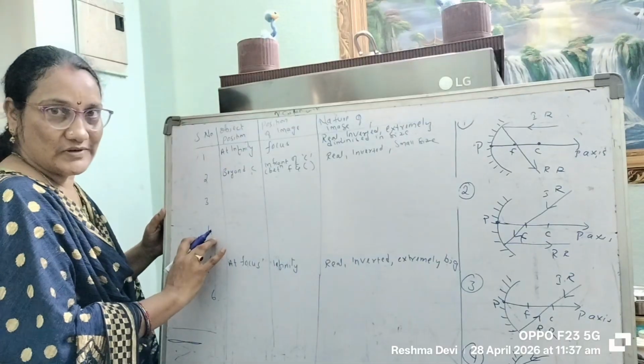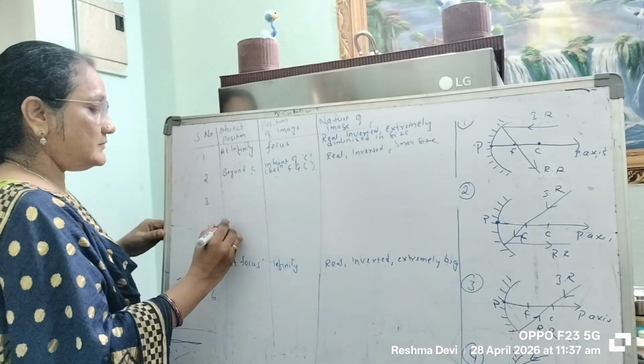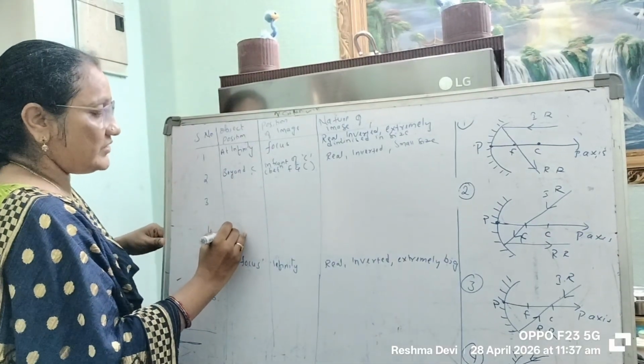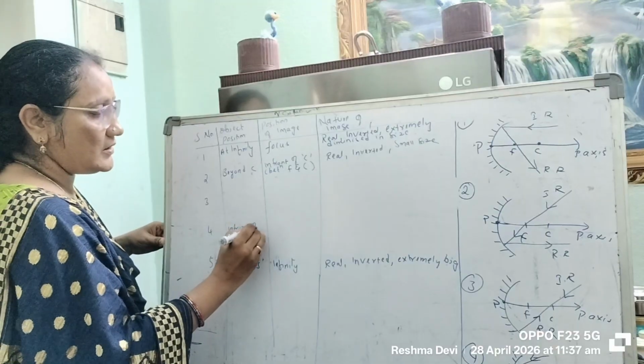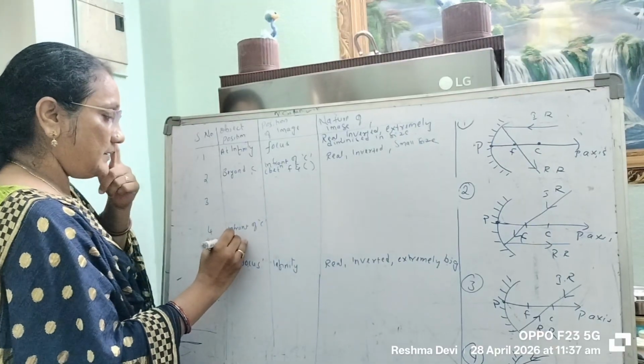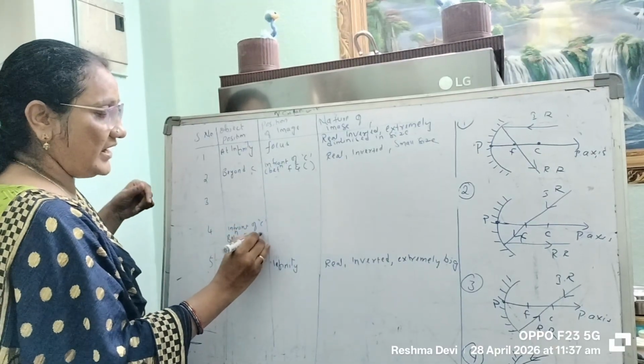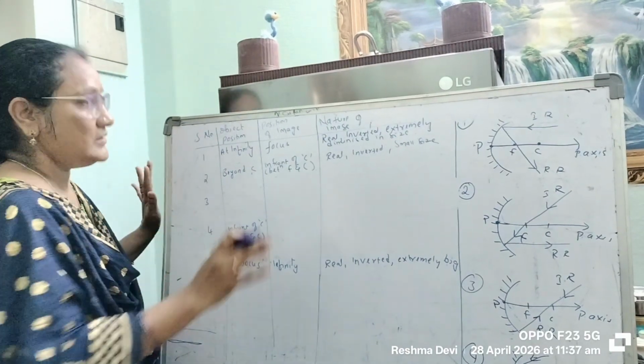I am writing 4th. 4th one, in front of C. Or I can write between F and C. Right? Now opposite.